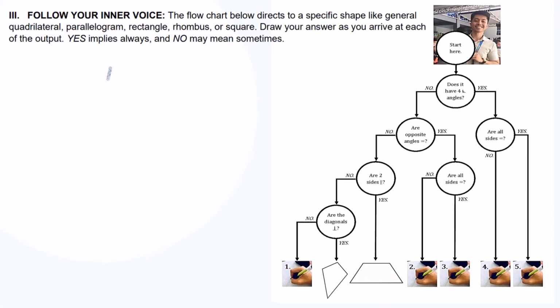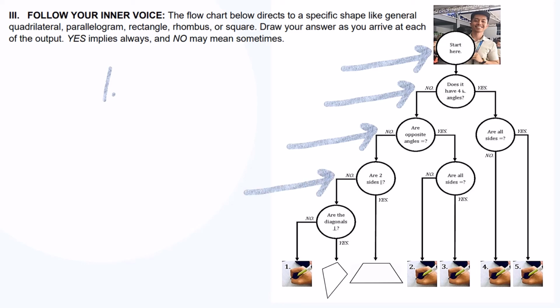For the first drawing, look at the flowchart. So let's start at the top. It says start here, and then we move down. Does it have 4 right angles? If it is no, are opposite angles equal? If it is no, are 2 sides parallel? If it is no, are the diagonals perpendicular? And if it is no, what figure can you draw?